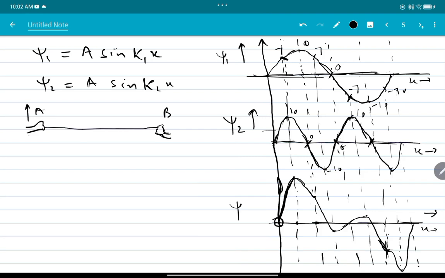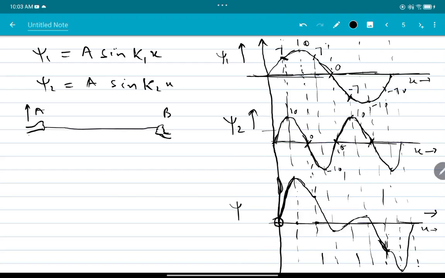The longest period is lambda, so the period is lambda, because you can see it doesn't repeat in lambda by 2. It will repeat after this. This has a period of lambda by 2. Whose period does the resultant have? The longest period. Just remember this longest period rule.